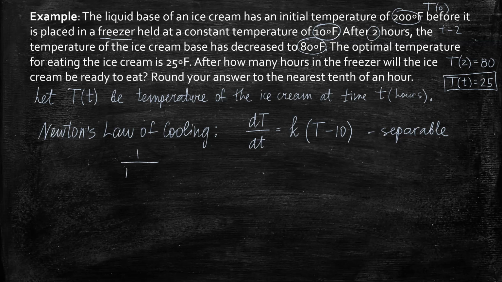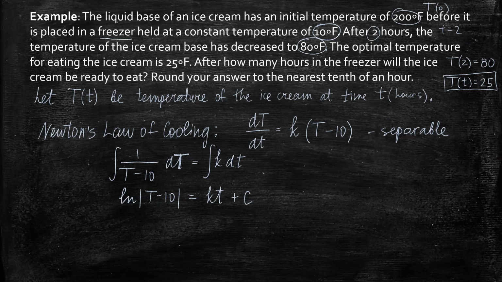So let's bring the capital T to the left, let's bring the lowercase t to the right, and let's throw the integral in there. And on the left we have ln of absolute value T minus 10, and on the right side we have kt plus C.